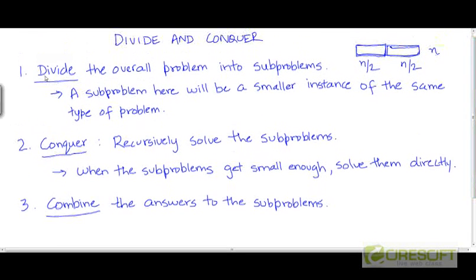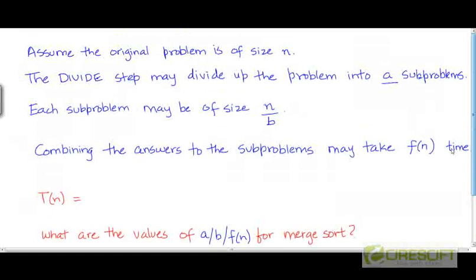So these three steps appear in any general divide and conquer based algorithm. So, assuming that the original problem is of size n, the divide step could divide the problem into a subproblems in general.